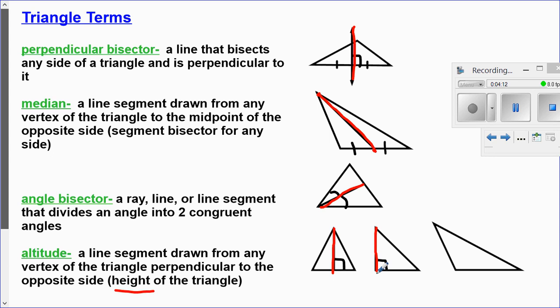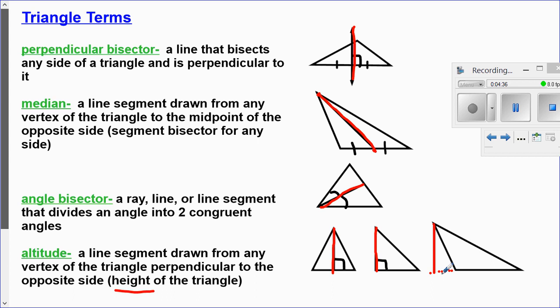Okay, lastly, let's take a look at the altitude for the obtuse triangle. So I'm going to start at this vertex. Now when I draw the line that goes straight down, or is perpendicular to the opposite side, what actually happens is I have to extend the opposite side a little bit, which is fine. You're allowed to do that when you're drawing the altitude.